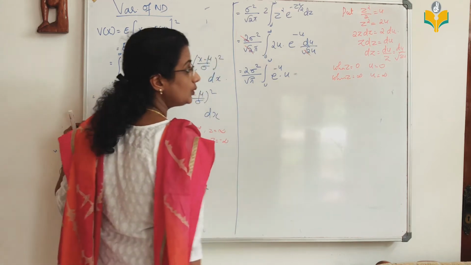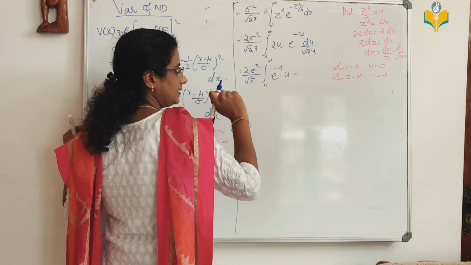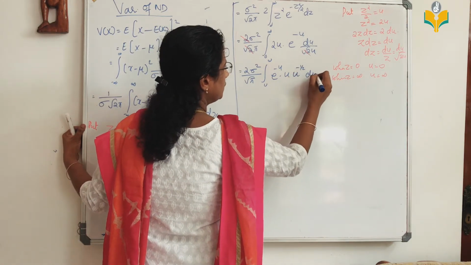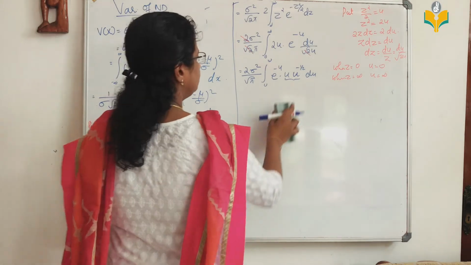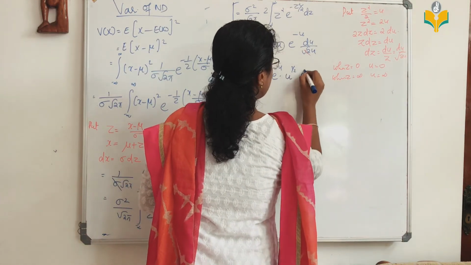There is a root u in the denominator, then it will go to the numerator, u raised to minus half, u raised to minus half into du. I will club these two terms, u into u raised to minus 1 by 2 will become u raised to half, isn't it? u raised to half du.